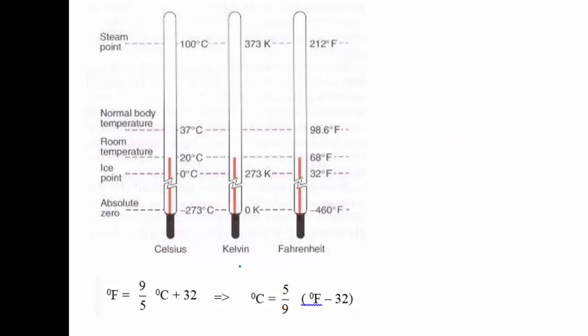Okay, now how about the Kelvin scale? Kelvin scale follows the Celsius scale in terms of the gap between one increment and the next. And we can see that from the boiling and the freezing point of water. The freezing point of water in Celsius is 0, while in Kelvin it's 273. The boiling point of water is 100 degrees Celsius, which is equivalent to 373 Kelvin.